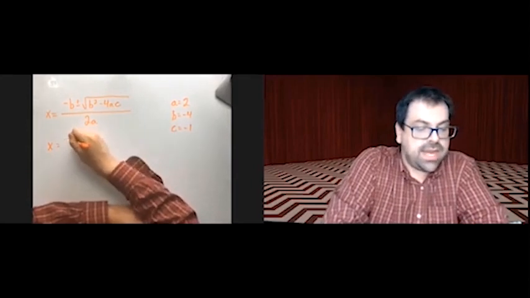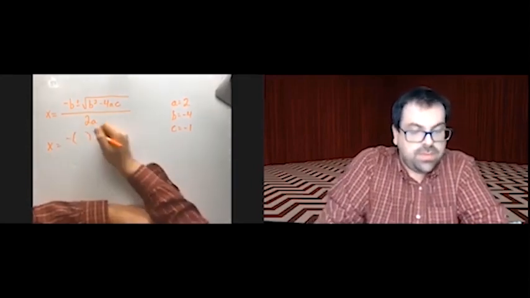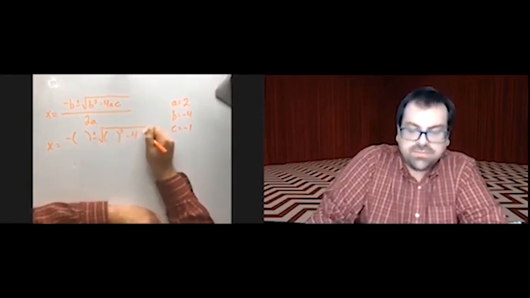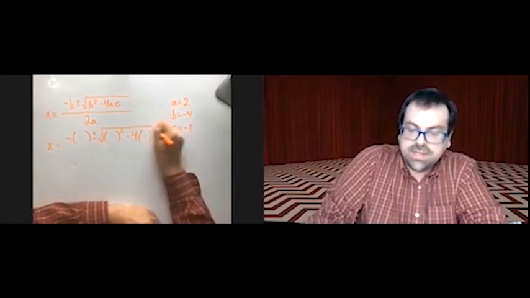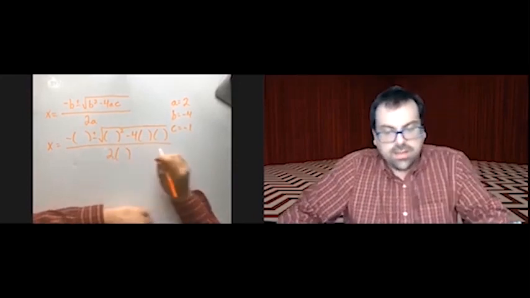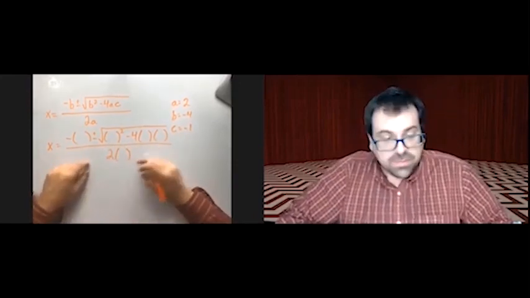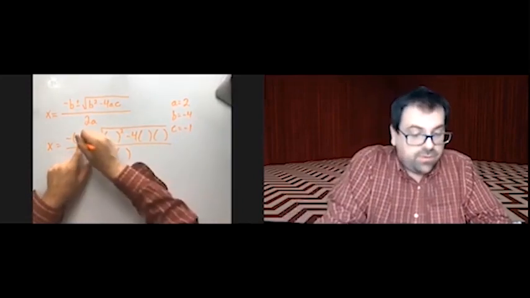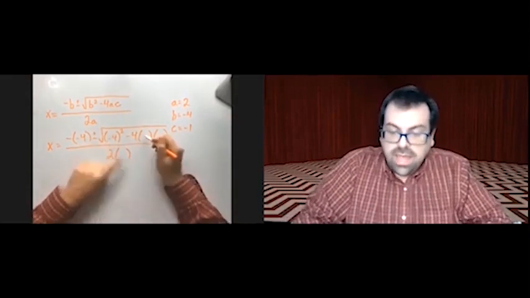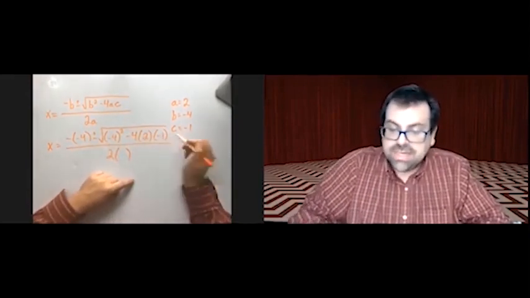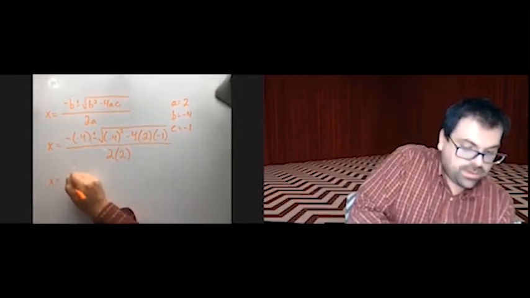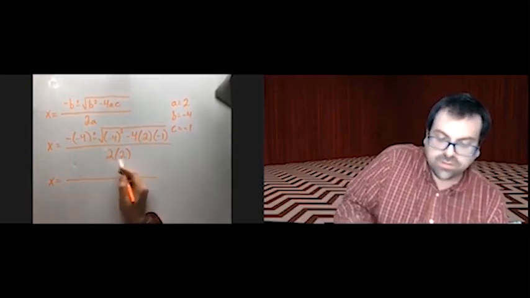So x equals negative b plus or minus the square root of b squared minus 4 times a times c all over 2a. Put parentheses in. Now let me put the numbers in. b is negative 4. a is positive 2. c is negative 1. a is positive 2. So this is all over 2 times 2.